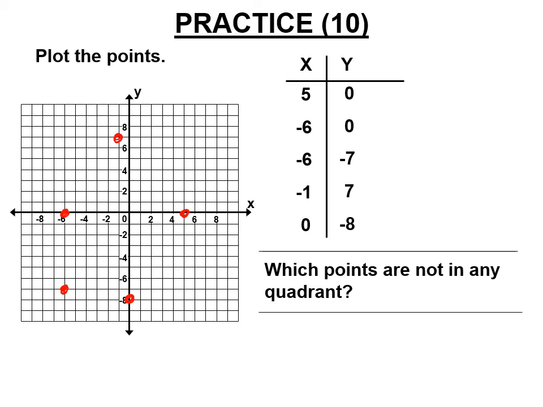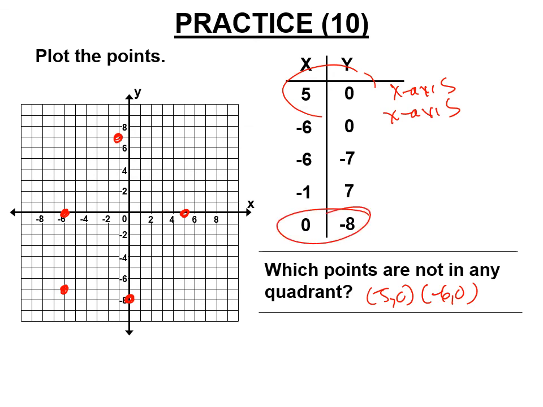Which points are not in any quadrant? Okay. It's all the ones with zeros, right? So 5, 0 on the x-axis. -6, 0 also on the x-axis. And 0, -8 is on the y-axis.